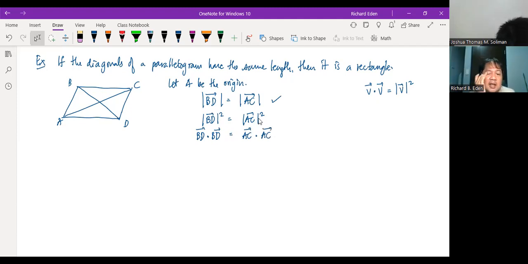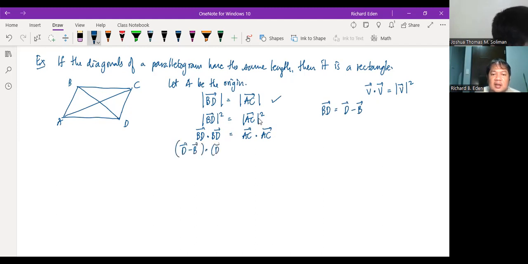Okay, and then BD, well, A is the origin, no? So BD is D minus B. So you have D minus B dot D minus B. And then likewise, paano ngayon ang AC?